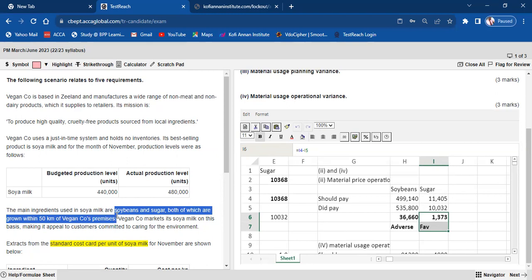So the adverse soybeans price variance may be because of the distance that he had to travel to look for a supplier. And soybeans being a very important ingredient, he might have struggled, for which reason he has spent a lot more money. Well, what have I done? I said what has happened. That's the variance. I tried to find a reason why he would have paid more than the revised price.